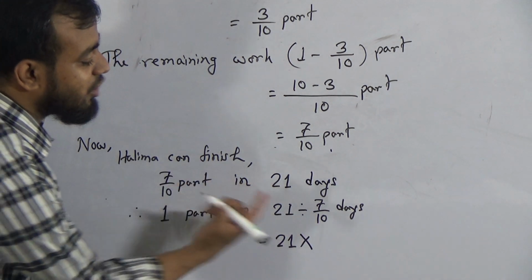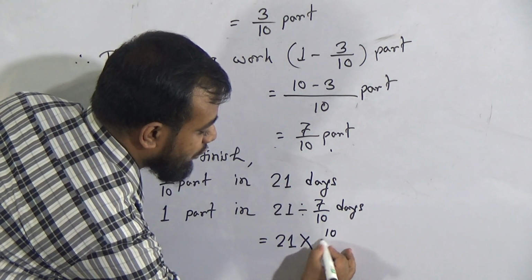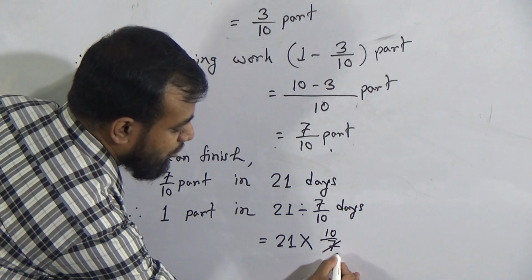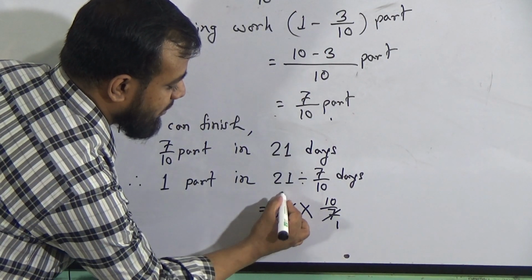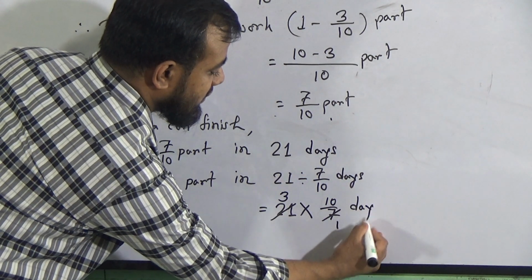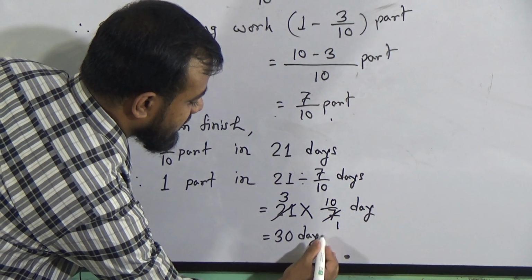The reciprocal means numerator will be denominator, denominator will be numerator. It will be 10 over 7. Now I can cut down this 7 by 7, it will be 1. This 21 also by 7, it will be 3. So 3 multiplied by 10 days equal to how many days? Equal to 30 days.